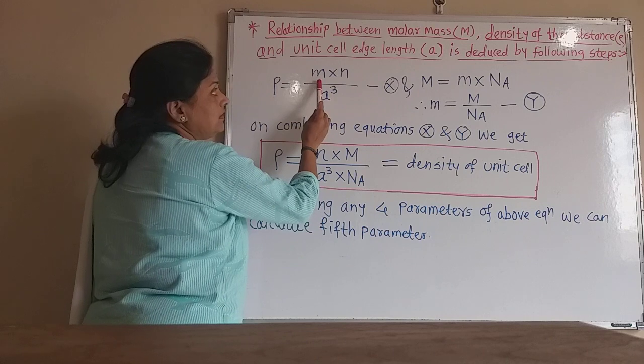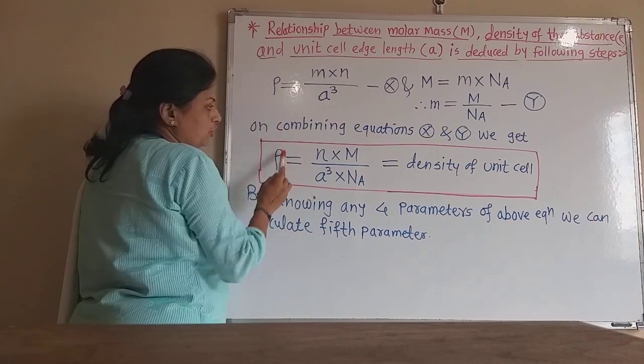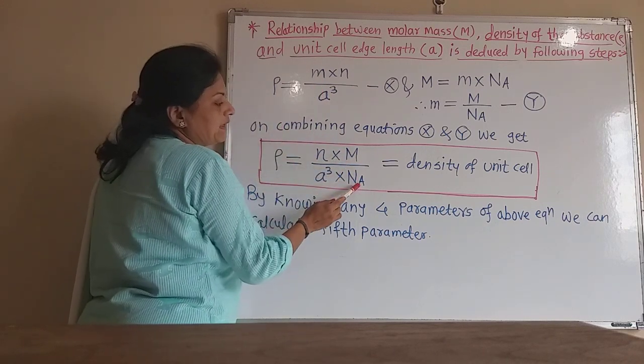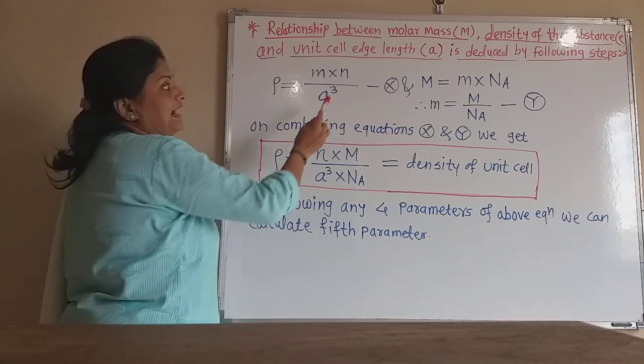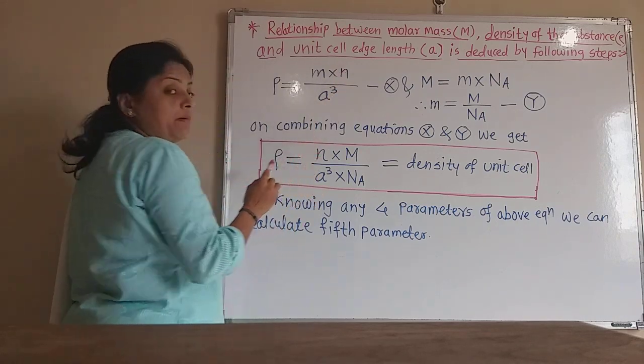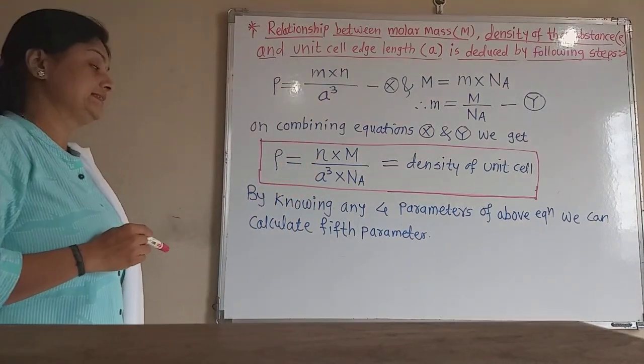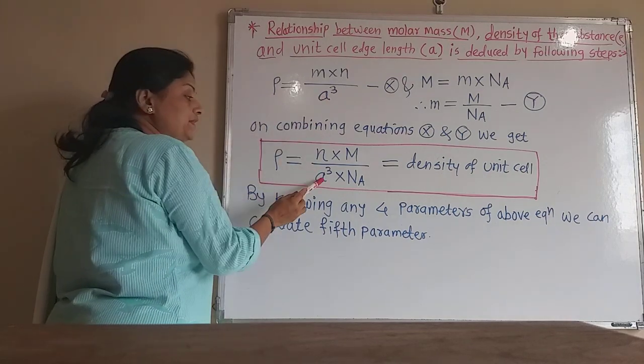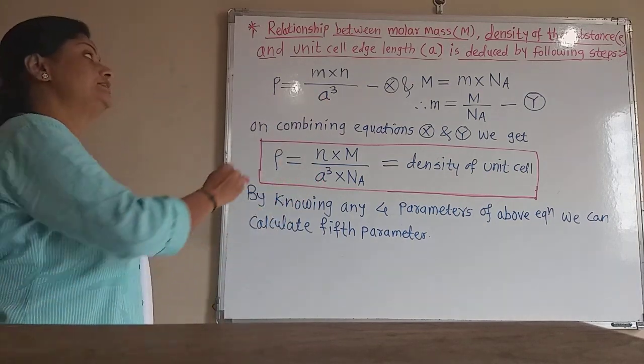Then rho is equal to M into n, where n is the number of particles in the unit cell, and a cube is also there in this formula.